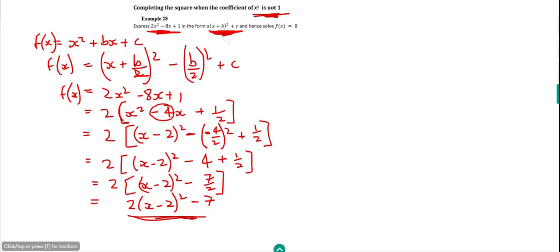And what I'm going to do is I'll first of all solve this actually. So solve f of x equals 0. So what we would do, we'd take the 2 times x minus 2 squared minus 7, and we'd equate that to 0.